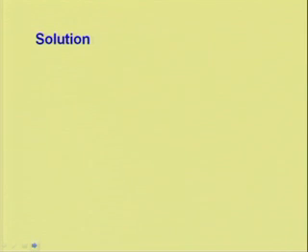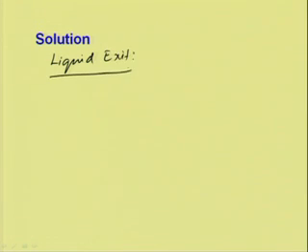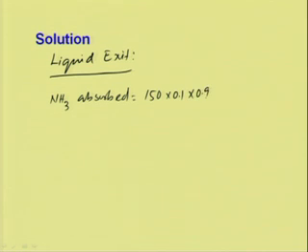Now, for the liquid exit, we can calculate the parameters. The ammonia absorbed is 150 kmol per hour × 0.1 × 0.9 × 17, which is equal to 229.5 kg per hour.